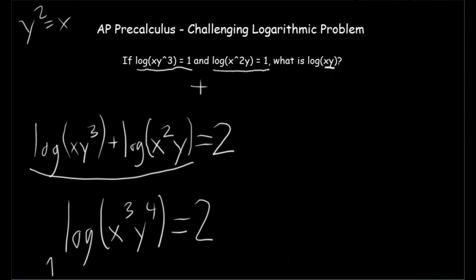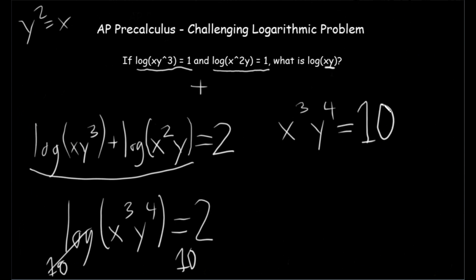Now here you can raise both sides to 10, or you can do 10 to the power of whatever. That cancels out the log here. 10 squared equals 100. For now, let's just write it as 10 squared, and I'll show you guys why in a minute. Just write it as 10 squared.